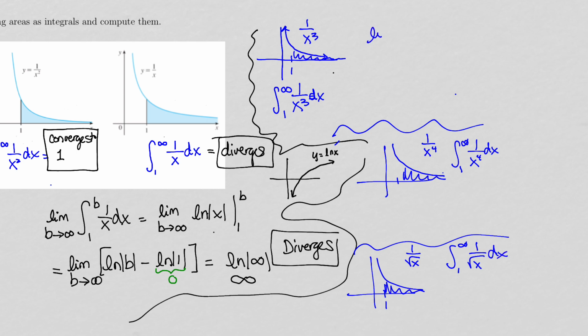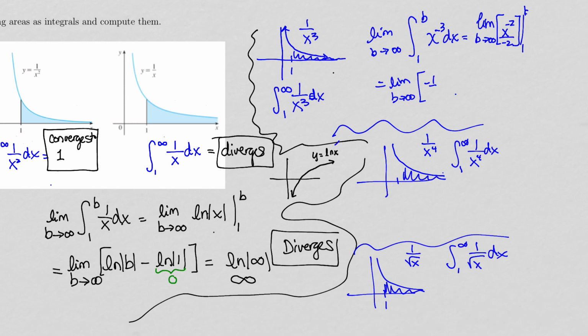So you guys just make sure that you matched me. The first thing you did was you put a b up there, right? And then you rewrote it, and you got the limit as b goes to infinity of x to the -2 over -2. So in other words, you were calculating the limit as b goes to infinity of -1 over 2x squared.